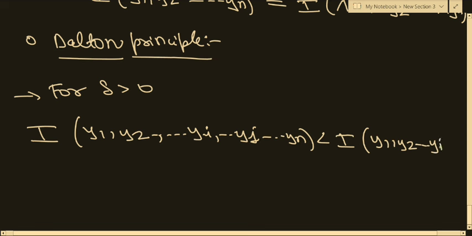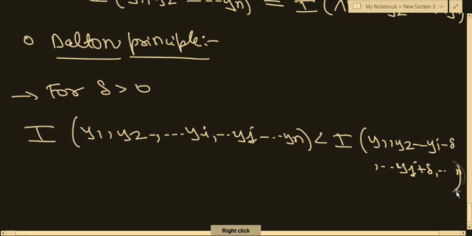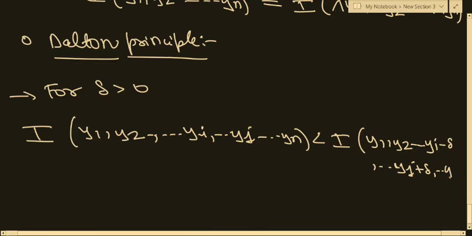For the poorer one we are taking delta income, and to the richer individual yj we are giving delta income, until yn. So basically the inequality index has increased when we have done the regressive transfer from yi to yj. Okay, so the principle is proved by this regressive transfer.